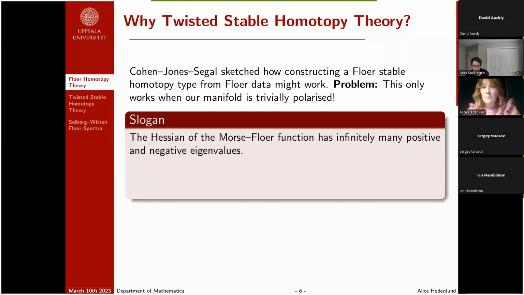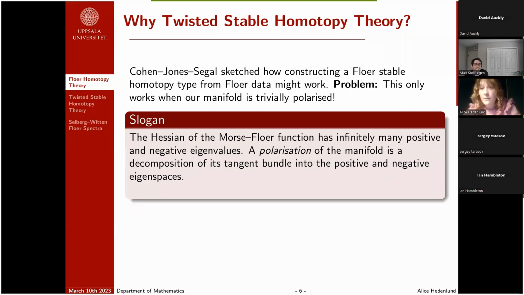And a polarization of the manifold is basically a decomposition of its tangent bundle, which is a Hilbert bundle, into one part that corresponds to the positive eigenspace and one that corresponds to the negative eigenspace. And then you have some finite dimensional ambiguity as to where you would place the zero eigenspace.